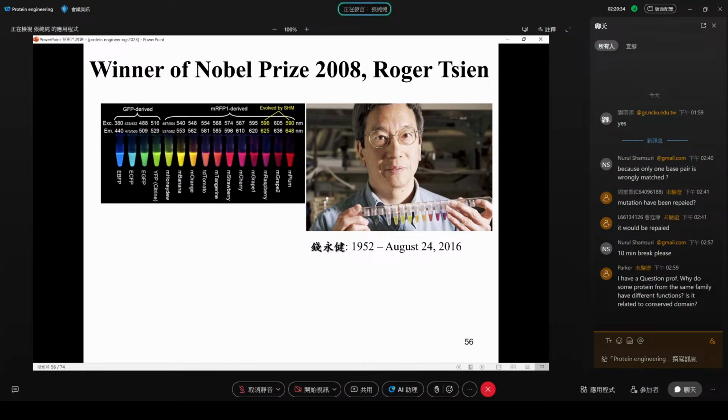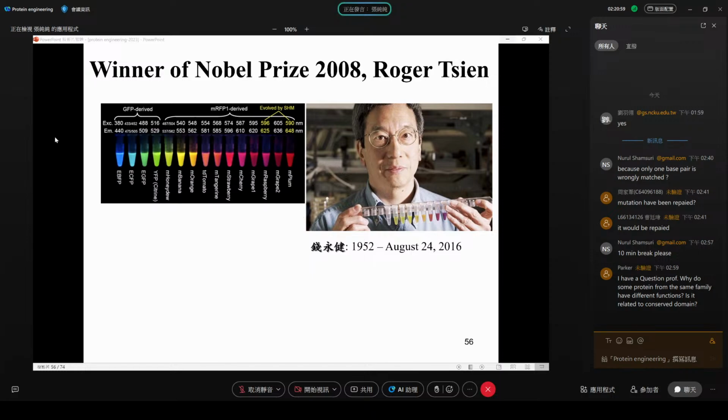It's not really useful. It cannot cure any disease. But he felt this protein was so fascinating. It can label all protein molecules to help us visualize the organism's physiology in life. So that was his major purpose for his original research on green fluorescent protein.